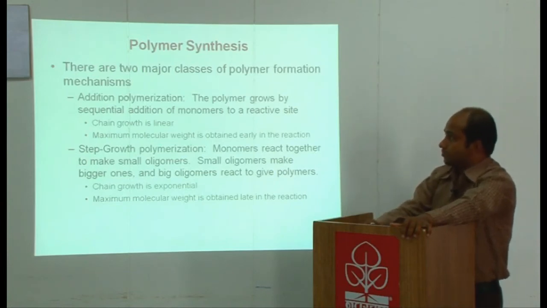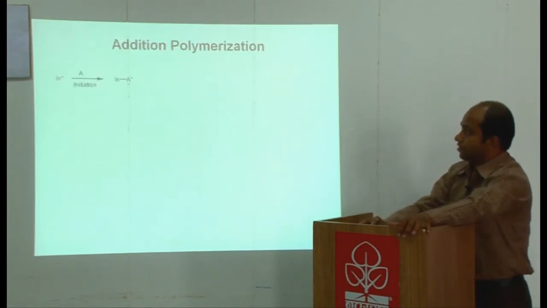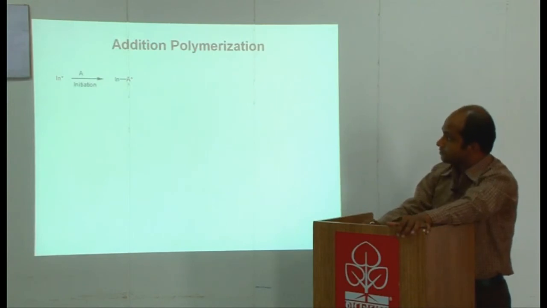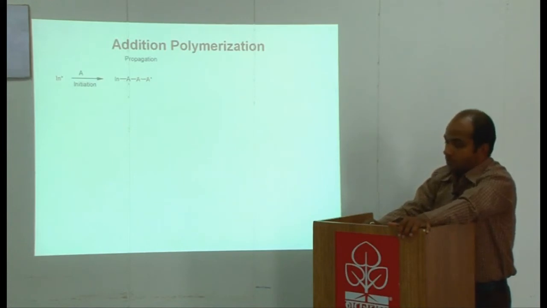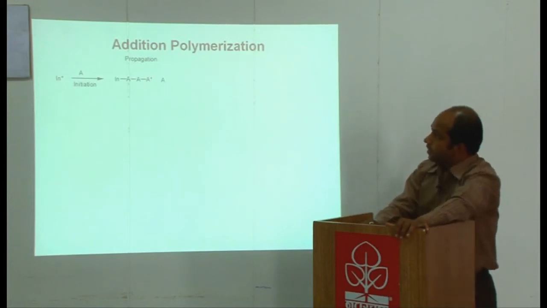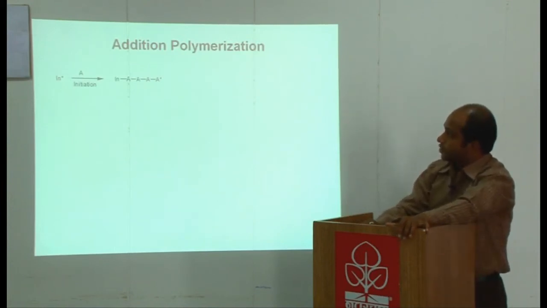So whereas in case of addition polymerization, at the early stages you have a high molecular weight polymer, in case of step growth polymerization, you have high molecular weight at the later stage of a reaction. Excuse me for that. And then let us see how the addition polymerization takes place.